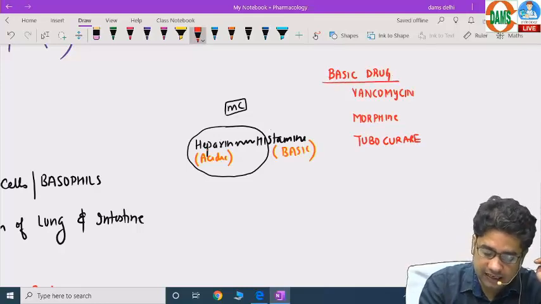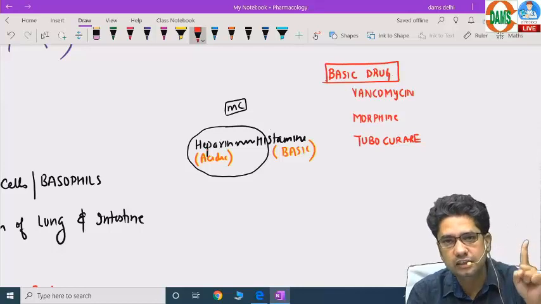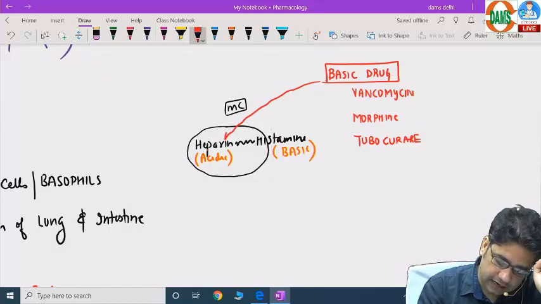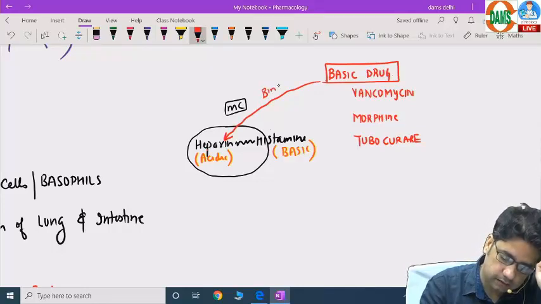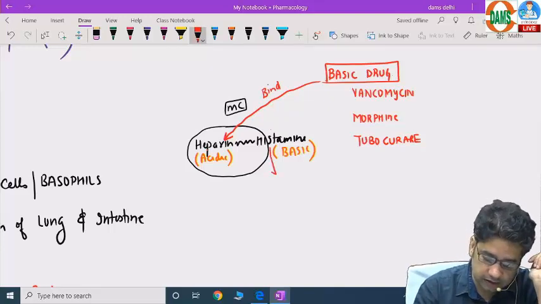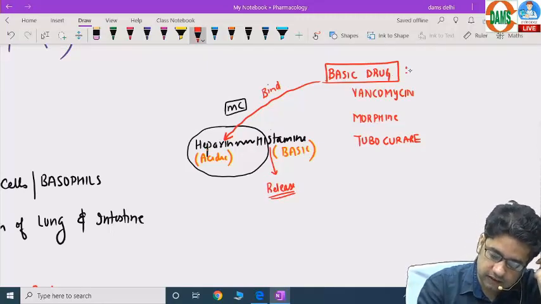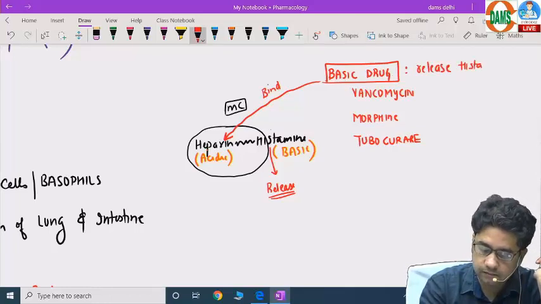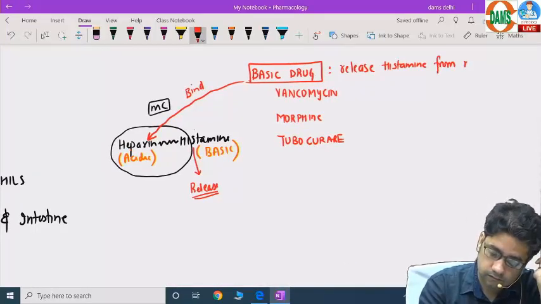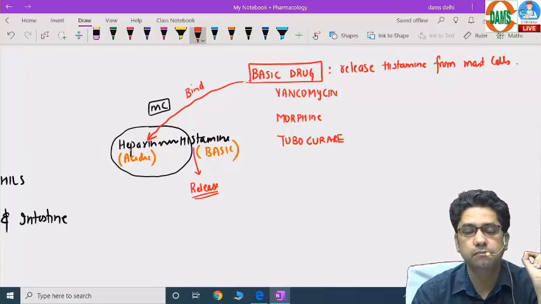When we give any basic drug to our patient, these basic drugs have a property that they enter into the mast cells and bind to the acidic substance heparin. Yes or no? And this histamine will be released. So basic drugs release histamine from mast cells.